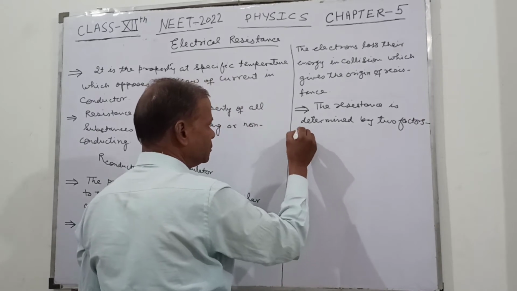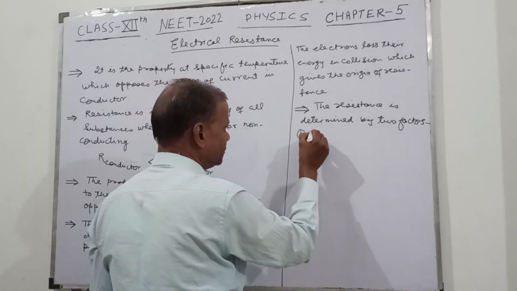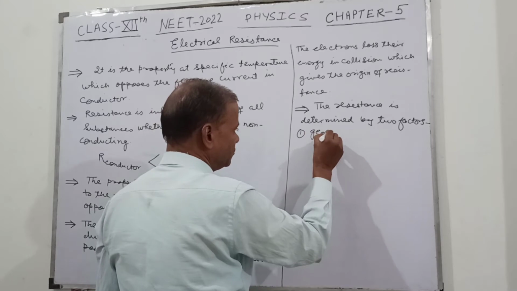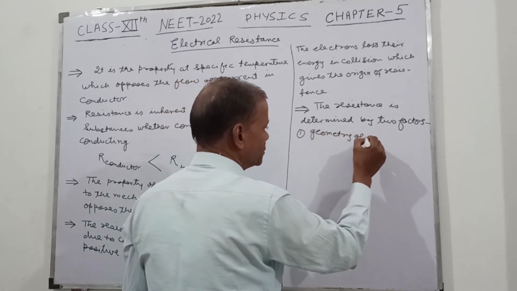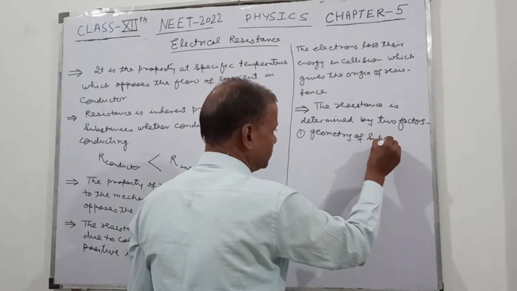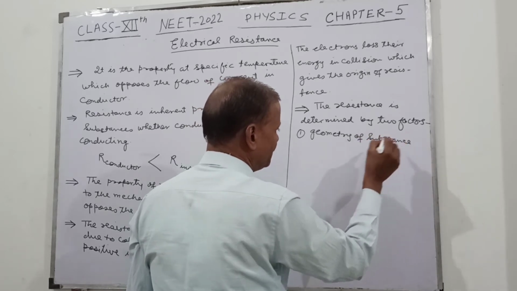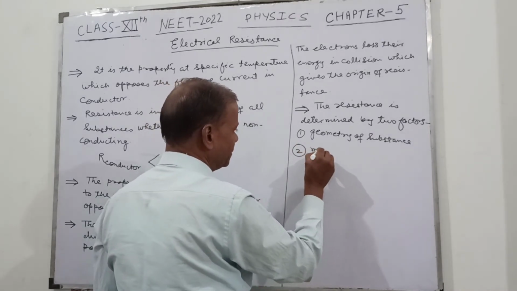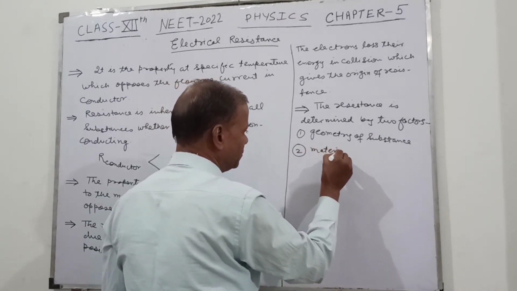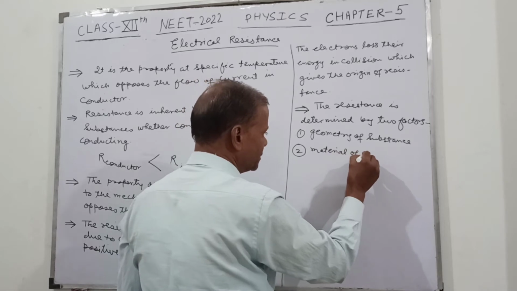Number one, geometry of substance, and number two, material of substance.